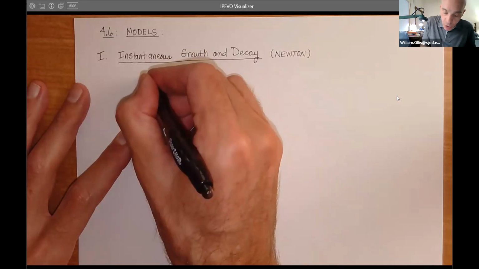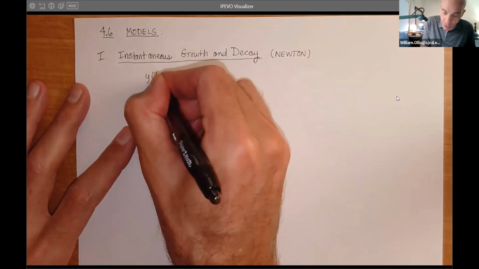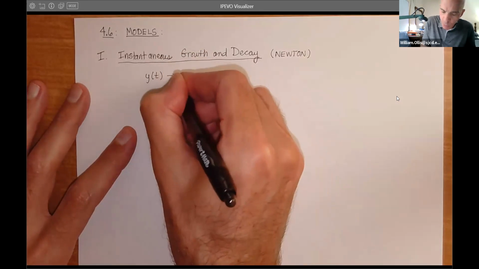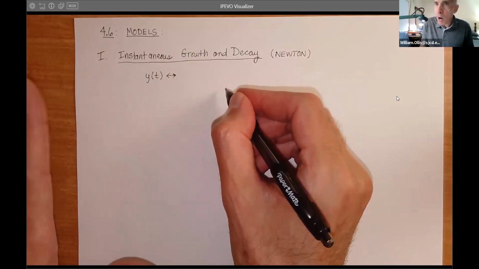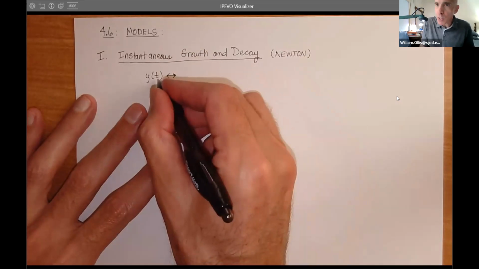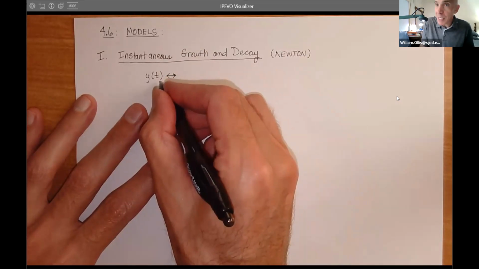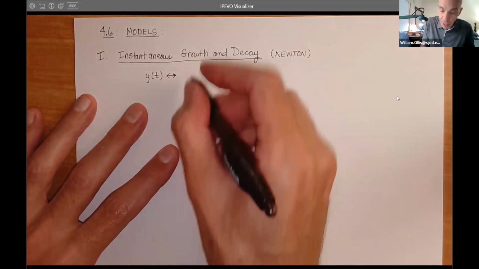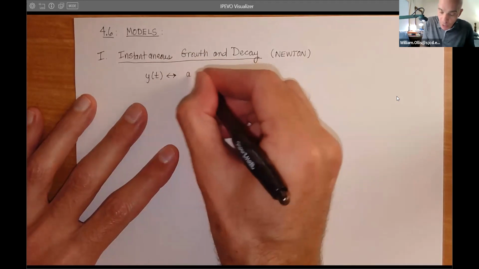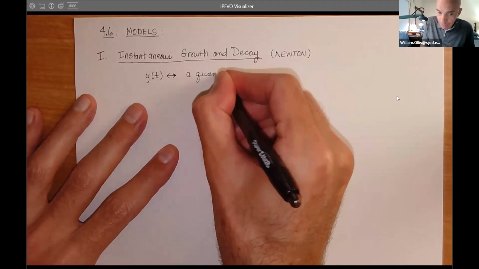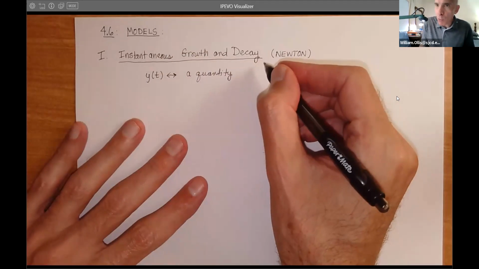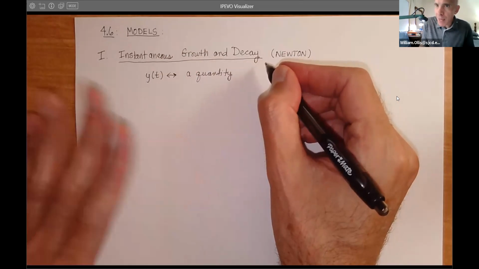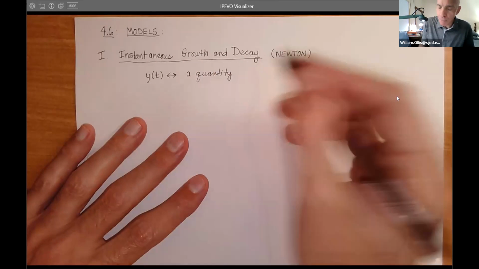Now, what we're going to do is say, and this will be the notation I use, and the notation varies from problem to problem. So be sure to use the letters that the problem uses. And usually most of the independent variables will be t because these will be time dependent. So y of t will be a quantity. A quantity, you know, maybe it's some radioactive substance, the mass of that, you know, might be a population, it could be anything.